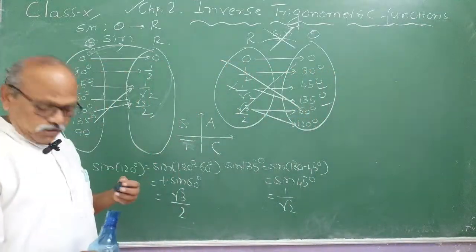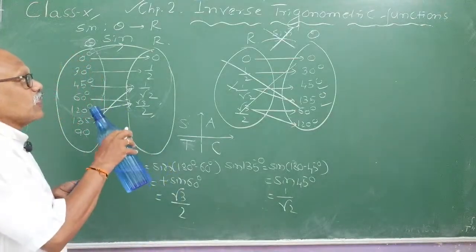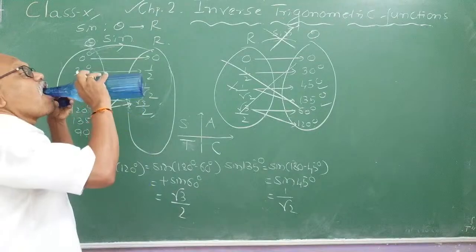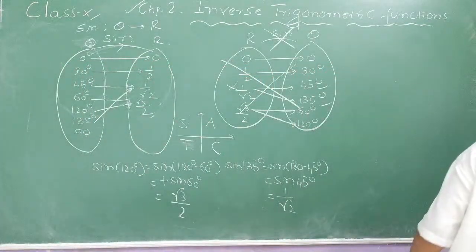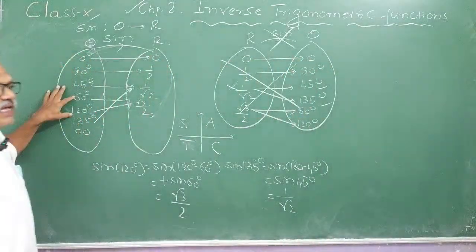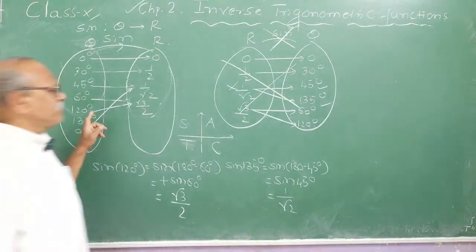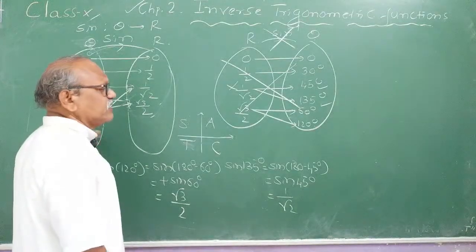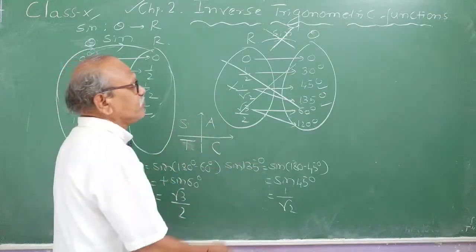Therefore, inverse trigonometric functions are periodic functions. And these allied angles will have the same value. This 60 degree and 120 degree are allied angles. 45 degree, 135 degree will have allied angles. For every 360 degree, same values will again and again repeat.